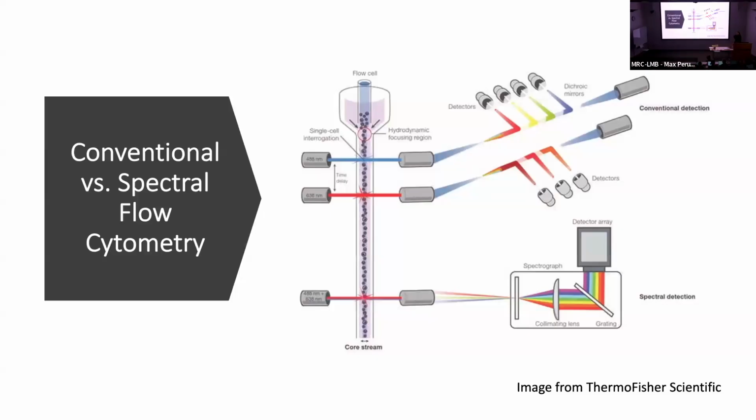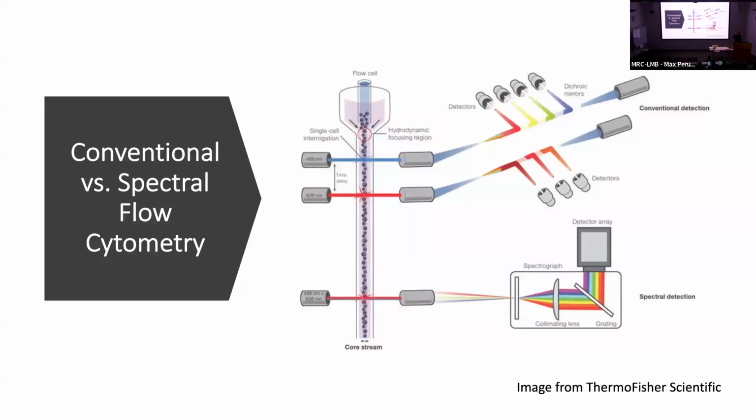Spectral flow cytometry is kind of the new generation of flow cytometry. And typically that uses a grating system to separate light into a focusing lens before detection. As the light keeps diverging in space, we typically use a collimating lens to parallelize the light linearly before it reaches the detector.